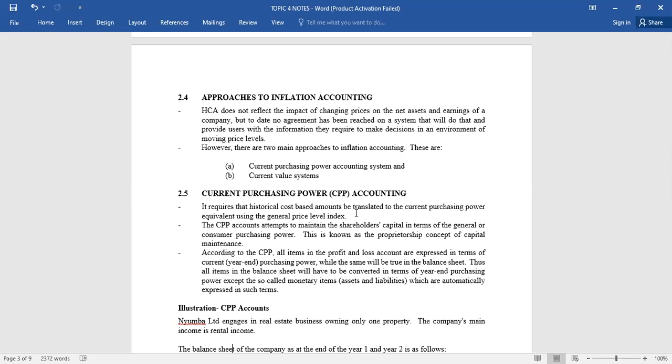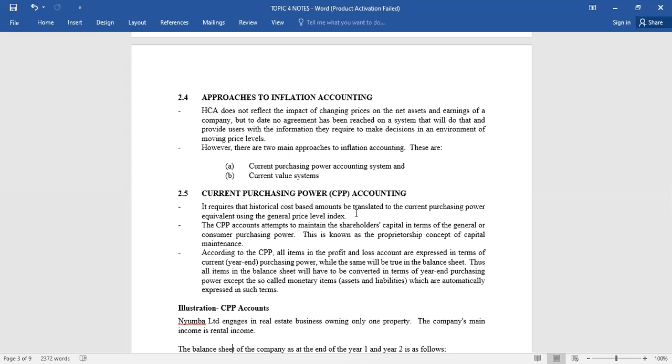So the loss of value really affects our reporting. And the historical cost approach does not reflect the impact of the changing prices on the net assets and the earnings of the company. But there is no agreement that has been reached to date that will provide information to the users that is fair and true.